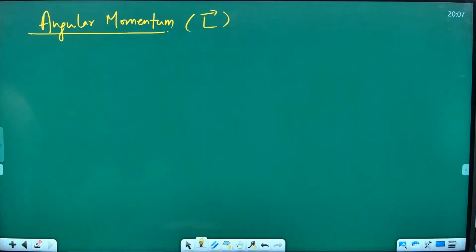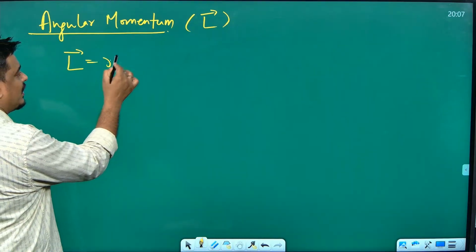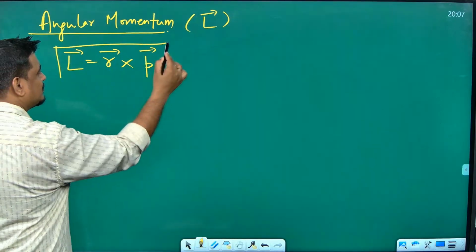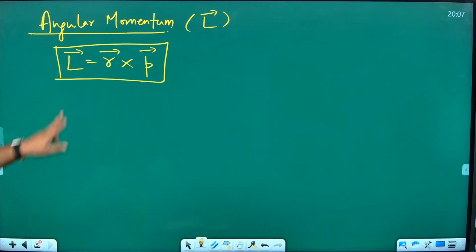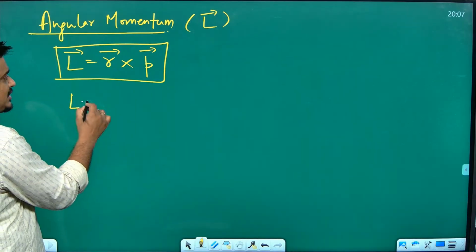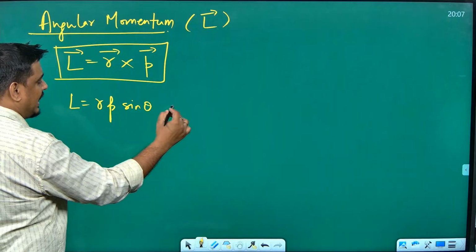Before some time I told you what is the meaning of moment of r vector cross. So, L vector will become equal to r vector cross p vector. Is it clear to you? So, moment of what? Linear momentum. And what is linear momentum? P is equal to mv. So, I can write first L is equal to r p sin theta n cap.